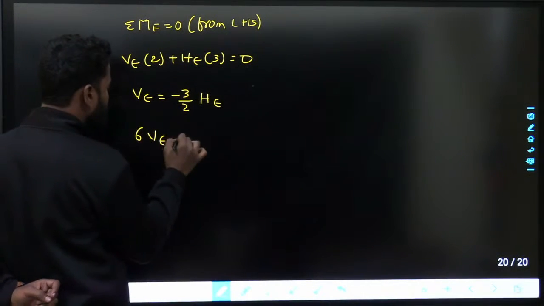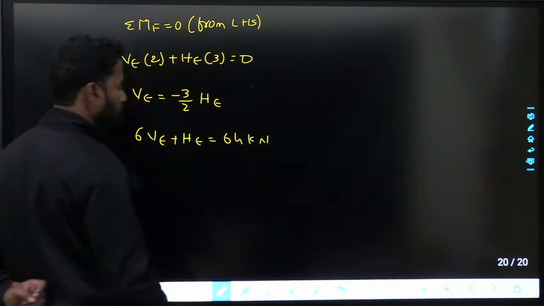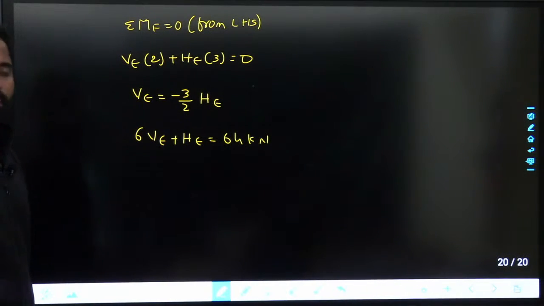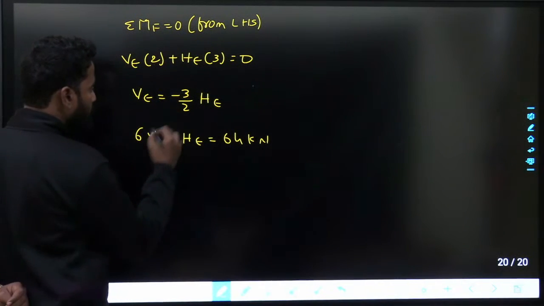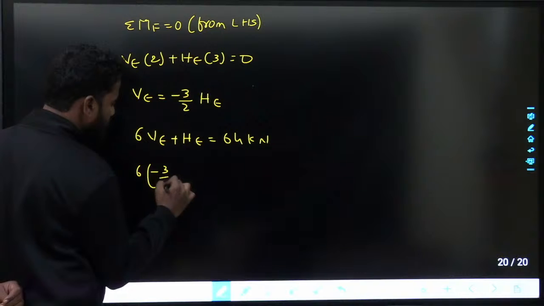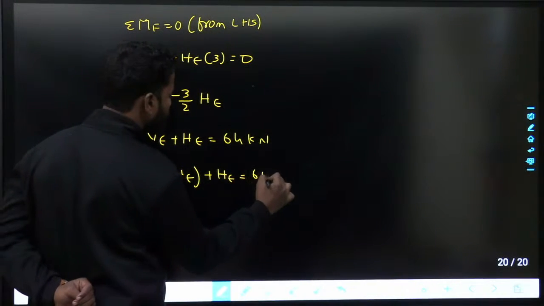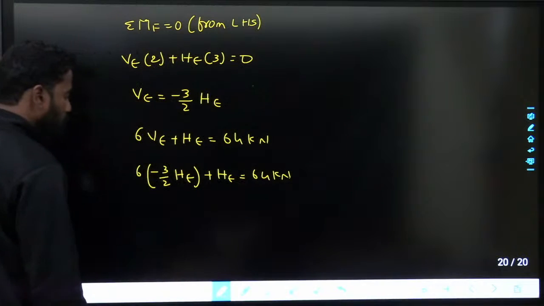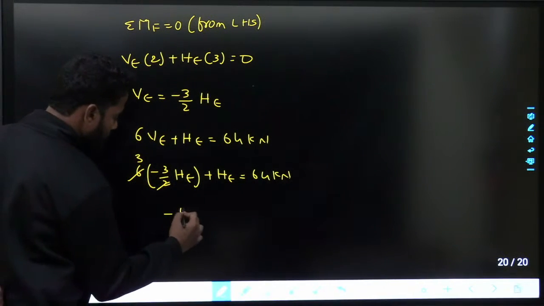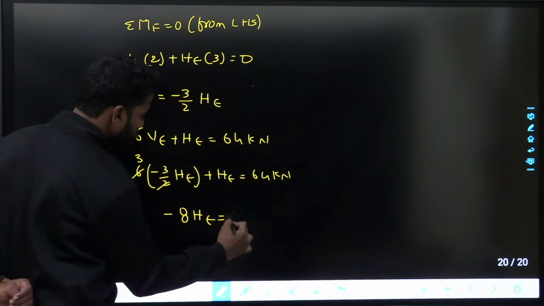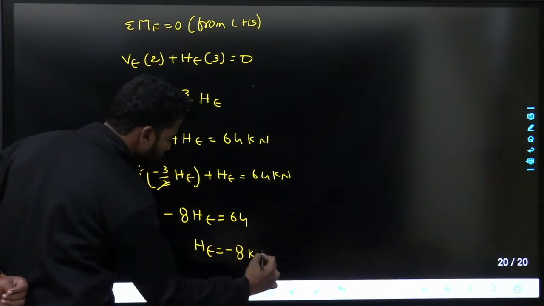Substituting VE equals to minus 3 by 2 HE, from this what you can write? Minus 9 HE plus HE, minus 8 HE equals to 64. So HE equals to minus 8 kilonewtons.